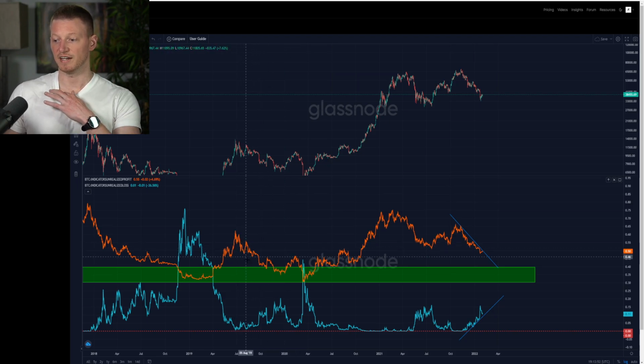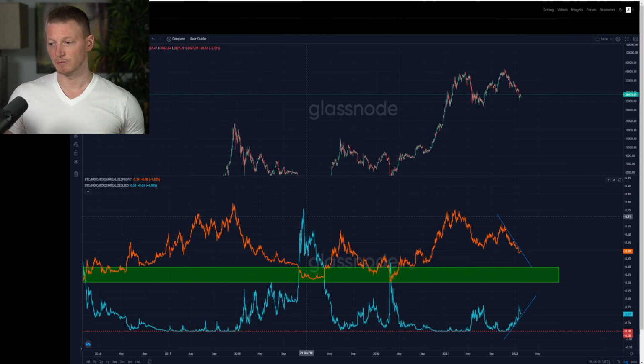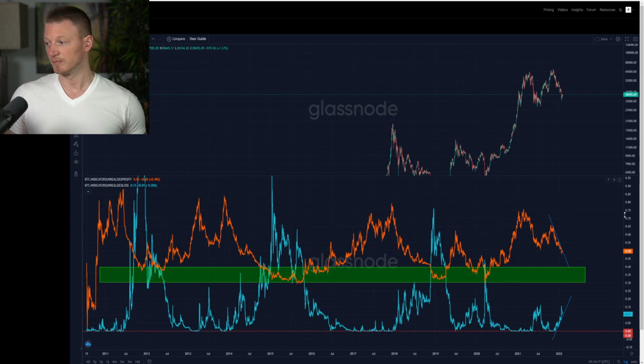Second of all is the fact that currently our relative unrealized loss is sitting at around 0.1. So there's still a fair way to go to get up to the point where the relative unrealized loss could surpass the relative unrealized profit. There's a few things that we need to take note of historically.